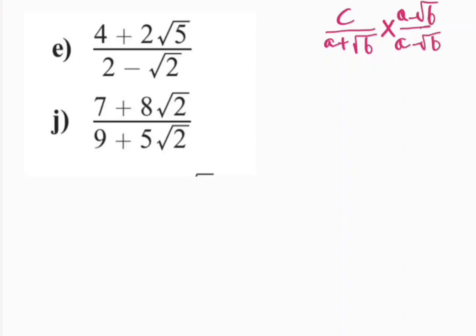So what I did was just multiplying that by this square root negated. It can be the other way around, like when we have c over a minus root b. In this case, we multiply this by a plus root b.